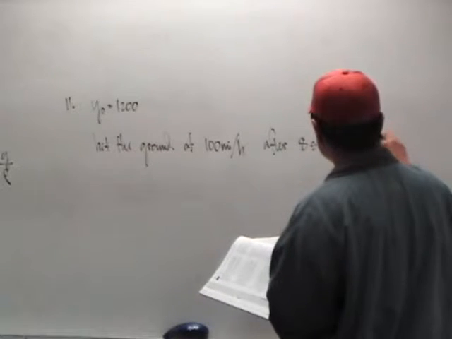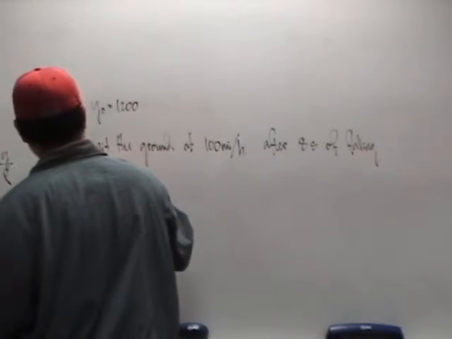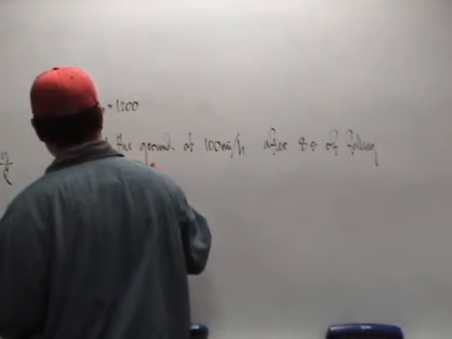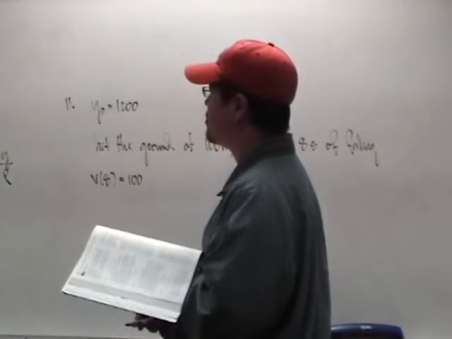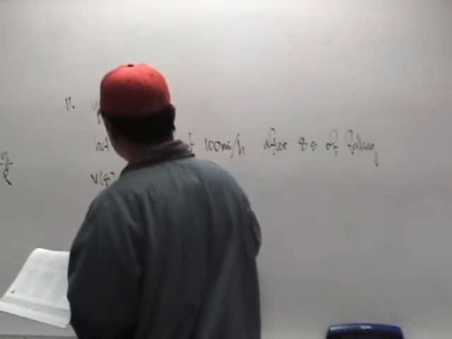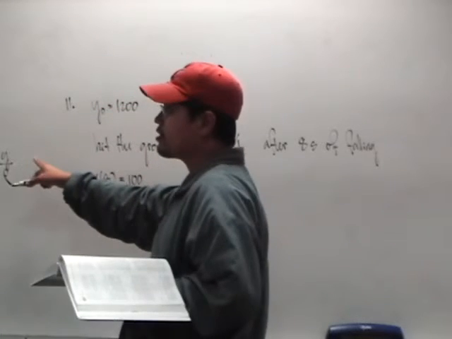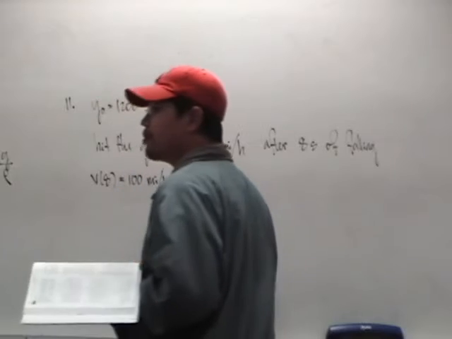So what that means is that v of 8 is equal to 100 miles per hour. I have to decide to do it in miles per hour or feet per second. I think g is in feet per second, so I probably want to change miles per hour to feet per second.